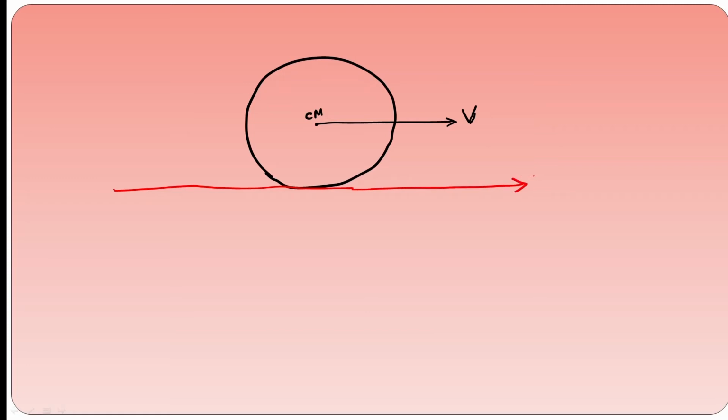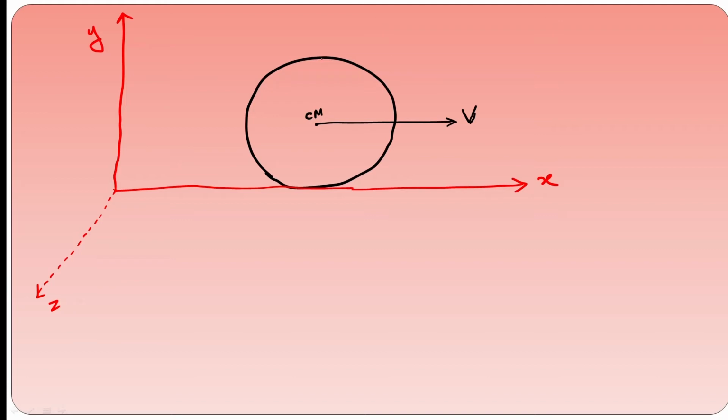Say this is the x-axis. Let us draw the y-axis, and definitely this is the z-axis. X, Y, and Z axes you can see.